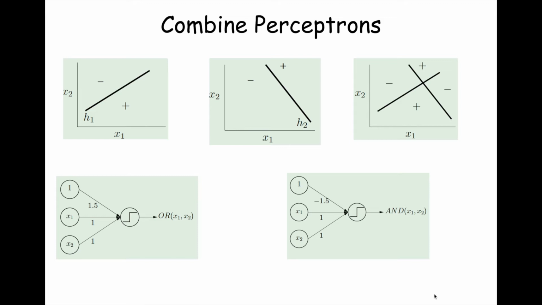Okay, so the idea of a neural network combines perceptrons, and this is a perceptron with a hard threshold. Here in the frame on top on the left, we have a perceptron H1. We have an input feature vector in 2 dimensions. We see that things beneath the line in the plane get a +1, and things above the line get a -1.